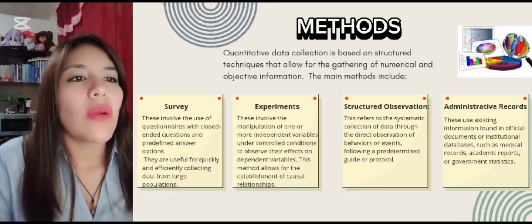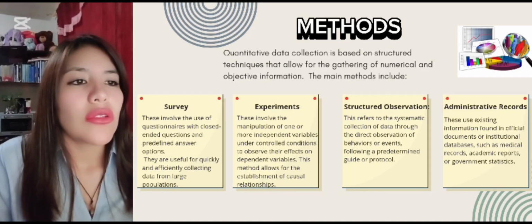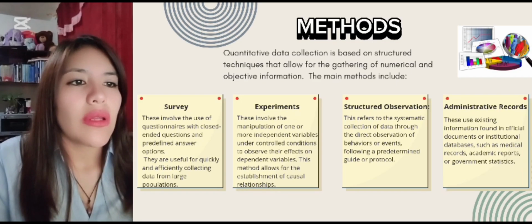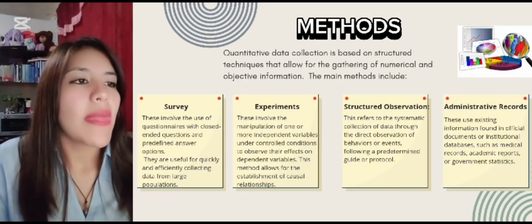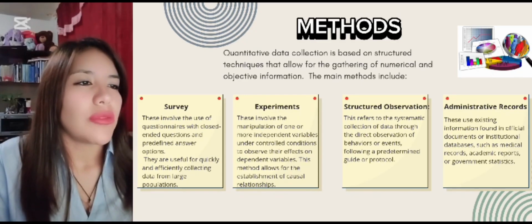Experiments. These involve the manipulation of one or more independent variables under controlled conditions to observe their effects on dependent variables. These methods allow for the establishment of causal relationships. Structured observation.